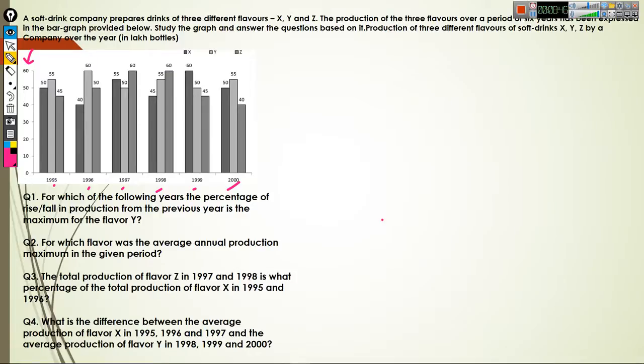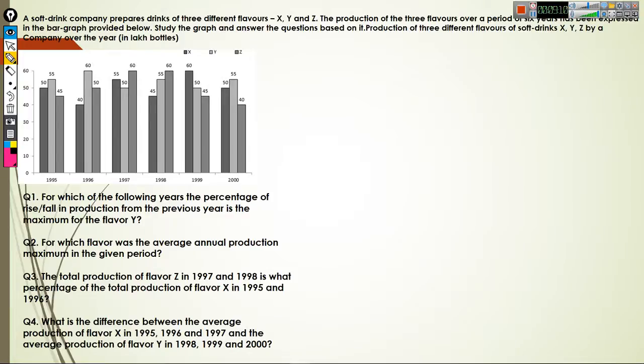What you have to do is look at the chart, and you can get the value very easily. The dark color is for X, the light color is for Y, and the medium one is for Z. So the questions will be like this: question 1, 2, 3, 4. There are four questions, and I will tell you how to solve the questions, how to read the graph.